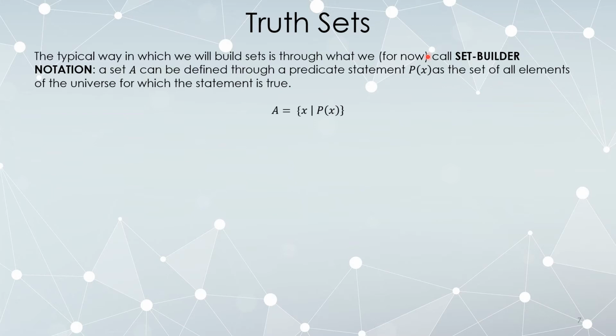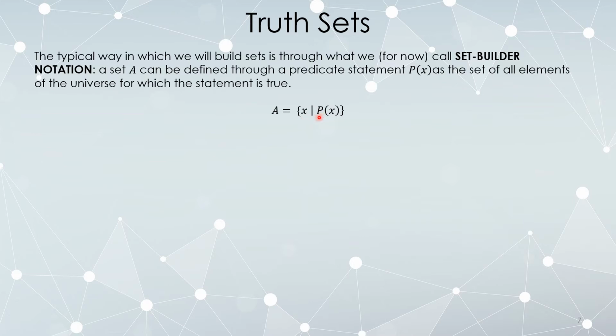And we write it like this: A is defined to be equal to a set, and now notice we're not listing things with commas anymore. This notation says the set of elements of the universe. We're always assuming we're talking in some sort of universe, so x has to be in the universe. So it's the set of things in the universe such that, which is what this vertical bar is spoken as, P of x is true.